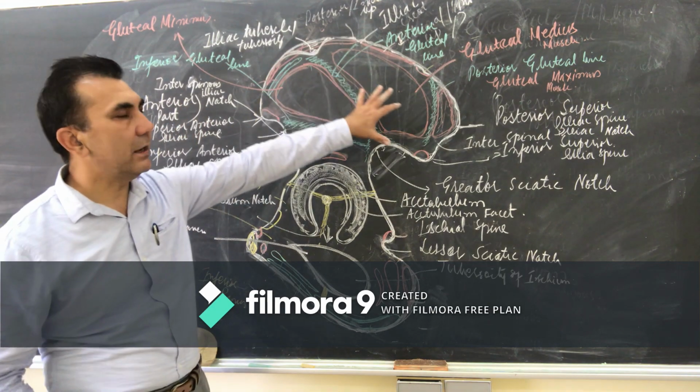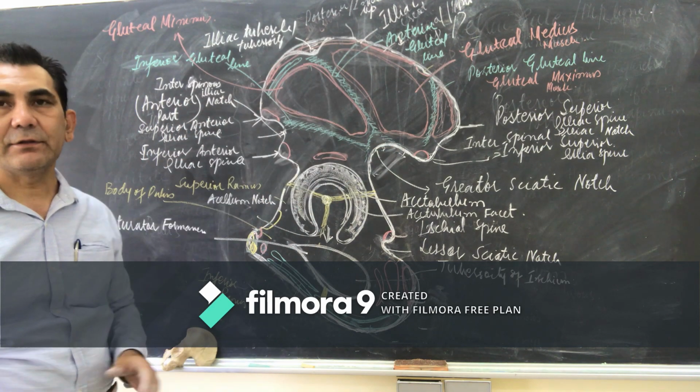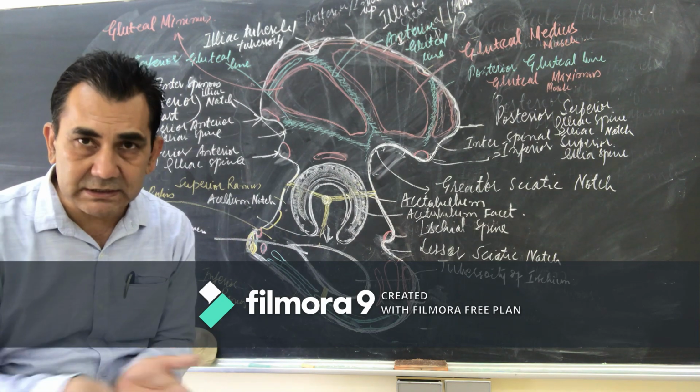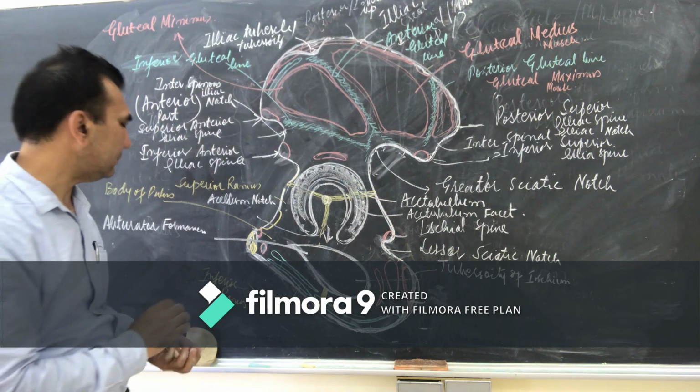So the gluteus maximus, the gluteus medius, and the gluteus minimus: the three areas are covered by these three muscles, which make up the gluteal muscles.